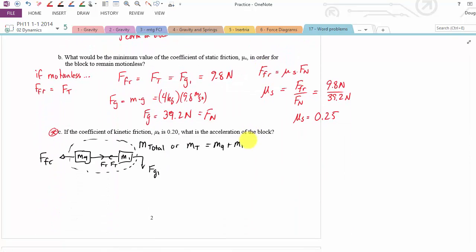So treat the whole thing as a system, and we can say that Fnet is equal to Fg1 minus force of friction. And we also know that acceleration is Fnet divided by the total mass.